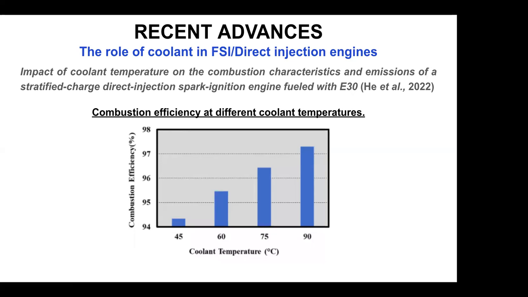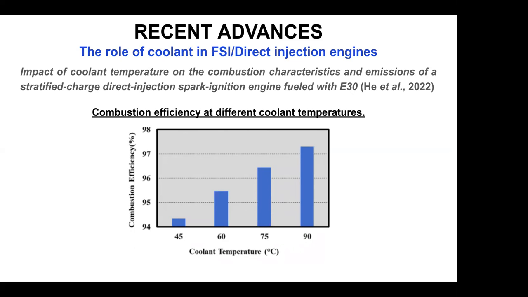This figure depicted in the slide shows the combustion efficiency under different coolant temperatures. Generally, with the same fuel injection mass per cycle, combustion efficiency will influence the IMEP or indicated mean effective pressure directly.